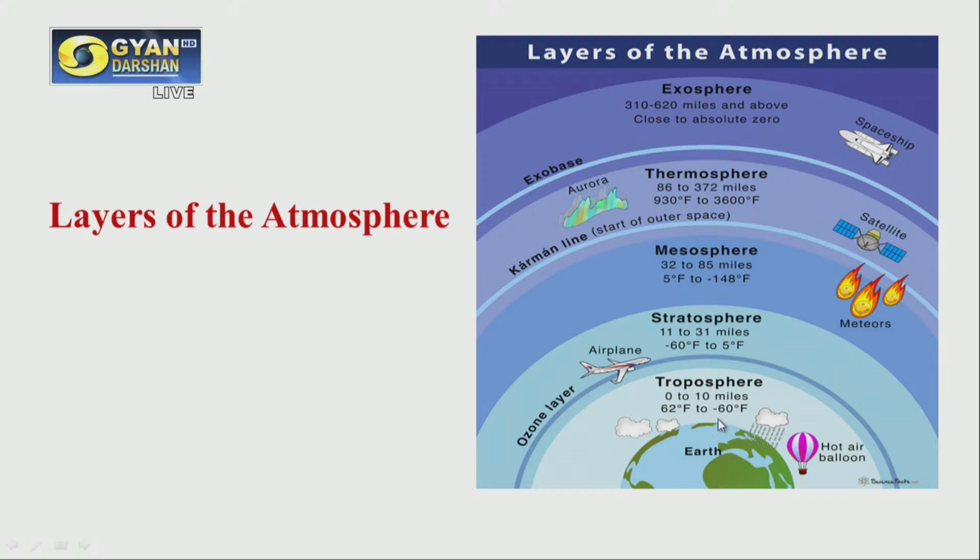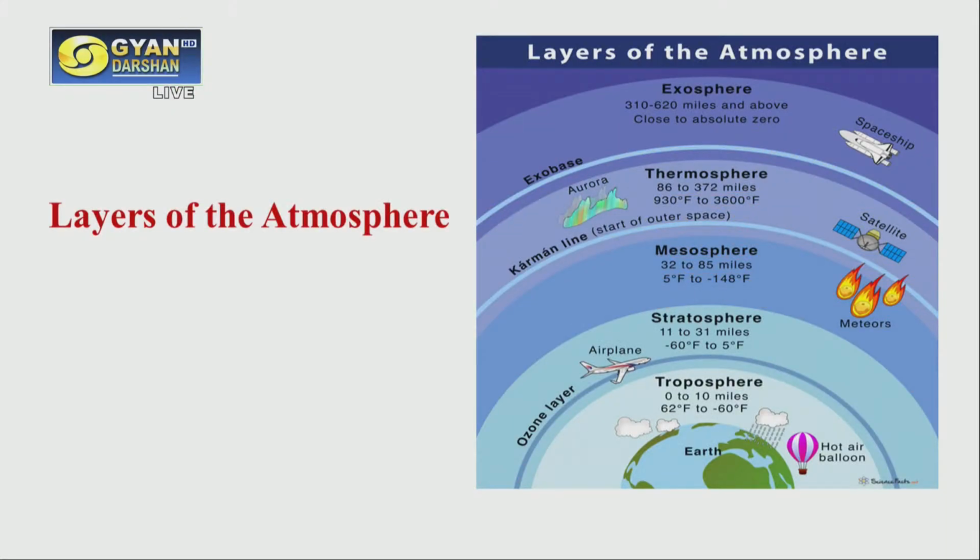All weather phenomena occur in this layer or zone only, whether it is rain, cloud formation, or hot air balloons. Here the temperature is around 62 Fahrenheit to minus 60 Fahrenheit, varying depending upon the seasons.